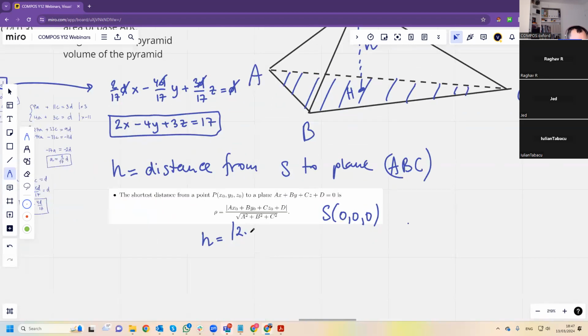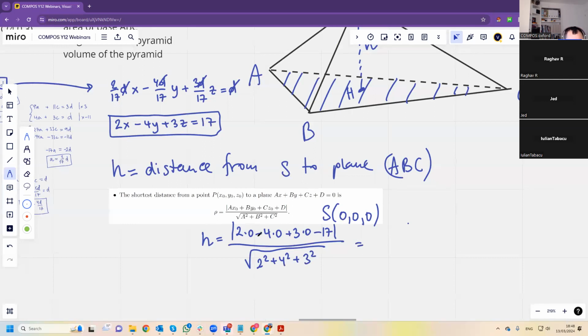So 2 multiplied by 0 plus minus 4 multiplied by 0 plus 3 times 0 minus 17, divided by square root of 2 squared plus 4 squared plus 3 squared.